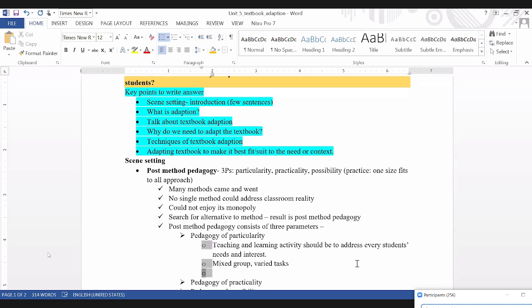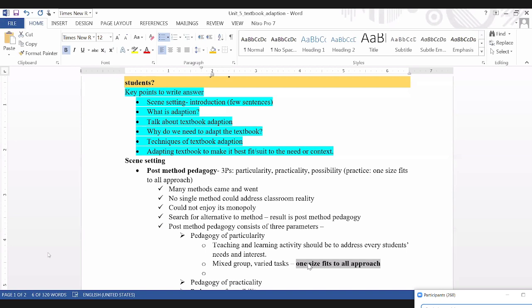But the reality is we use a one size fits all approach. हैन एउटा एक्टिभिटीले सबै विद्यार्थीको needs and interest लाई address गर्छ. This kind of feeling we have, then we use this kind of activity in the classroom.